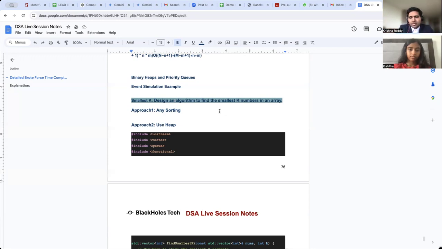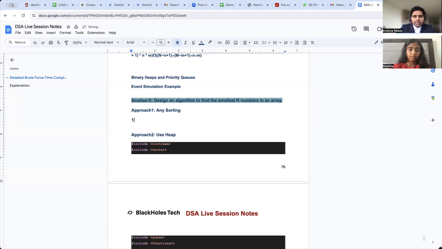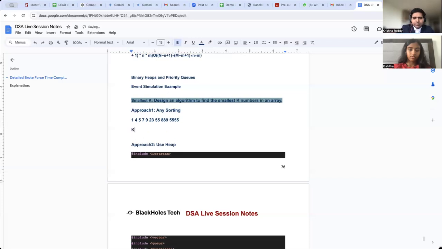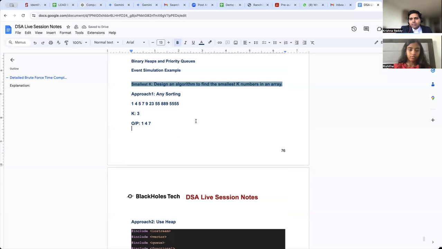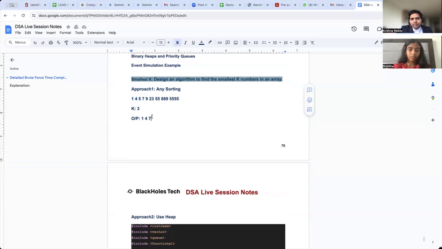For example, if you have sorted data like this, something like that, you need to pick up k values. If k is 3, the output should be 1, 4, 5. These 3 are the 3 smallest values.